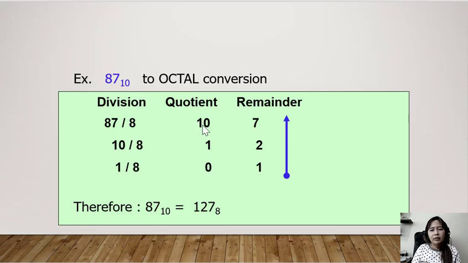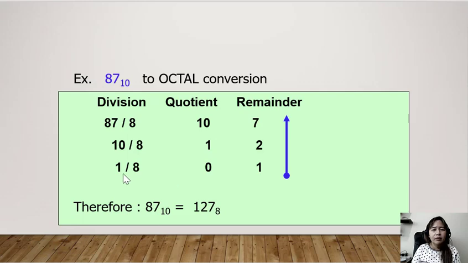Remember that when you multiply 10 and 8, you get 80, with a remainder of 7. That's one way to check. So your quotient is 10, your remainder is 7. Set aside the remainder and focus on the quotient. 10 divided by 8 is 1 with a remainder of 2. Then continue dividing 1 by 8 until you get 0.